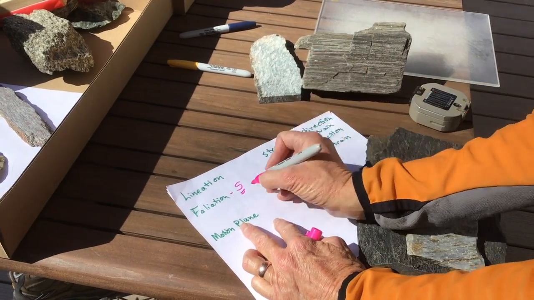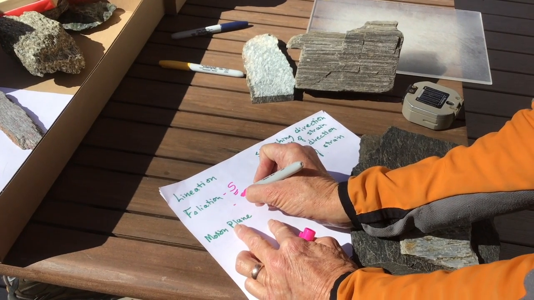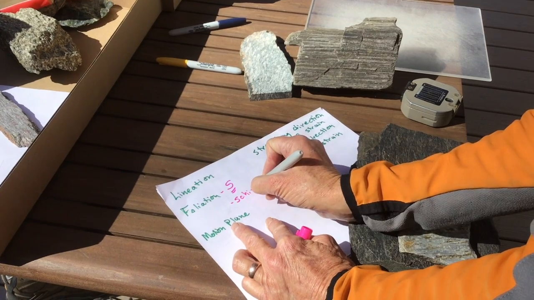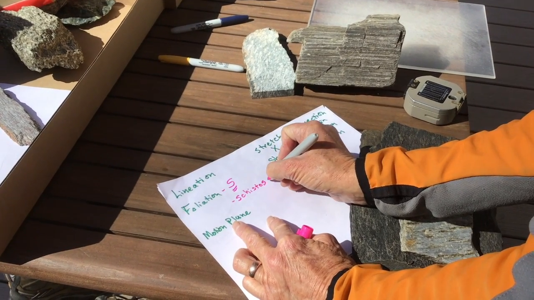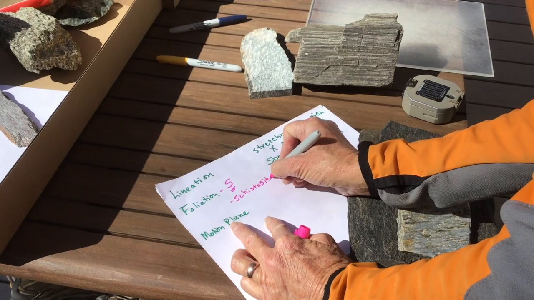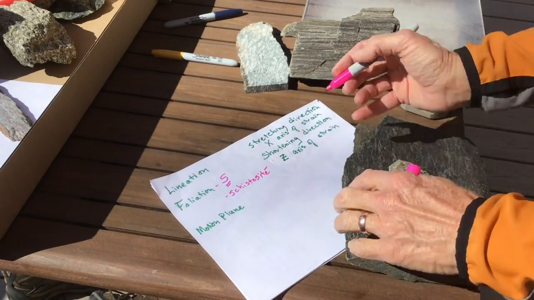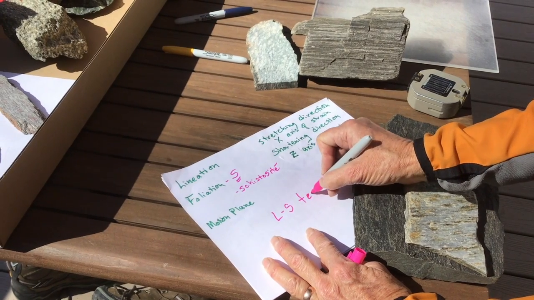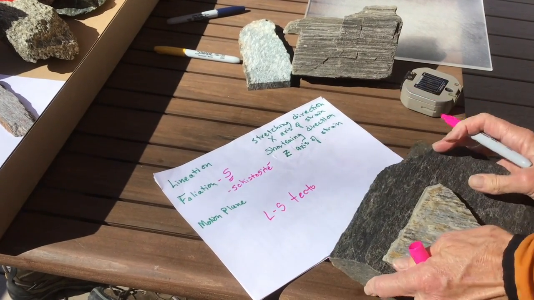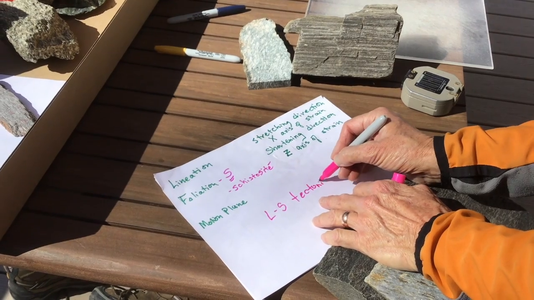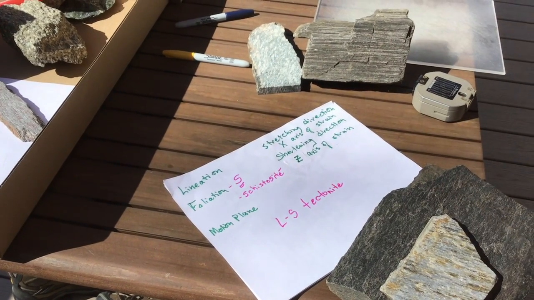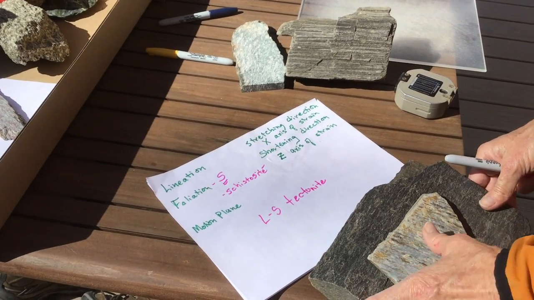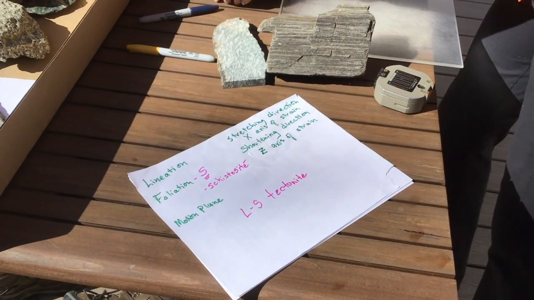The symbols were determined by French geologists who worked in the Brittany region of France. The S stands for schistosity. So LS tectonite, where the term tectonite refers to a beautifully deformed, foliated, lineated rock from the middle crust of Earth.